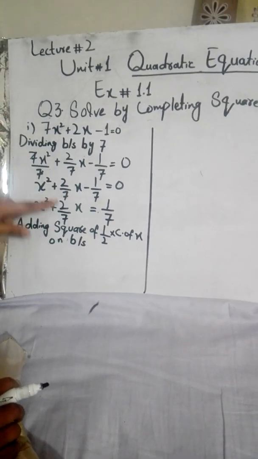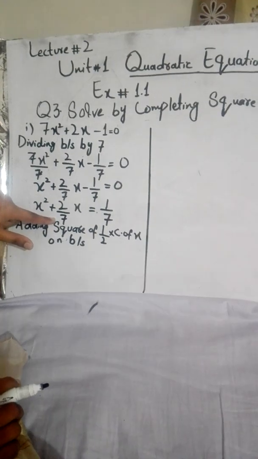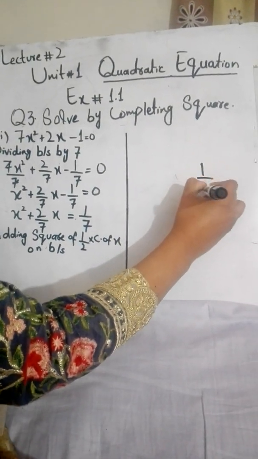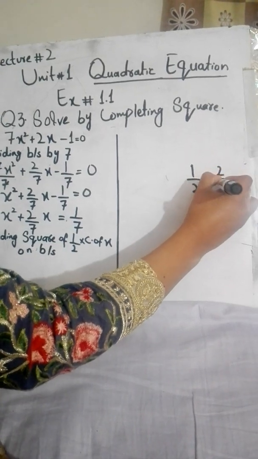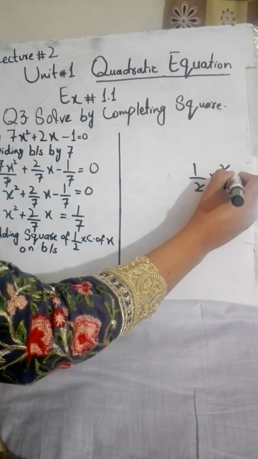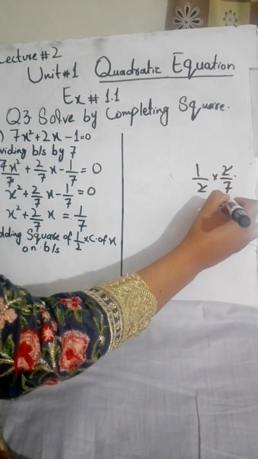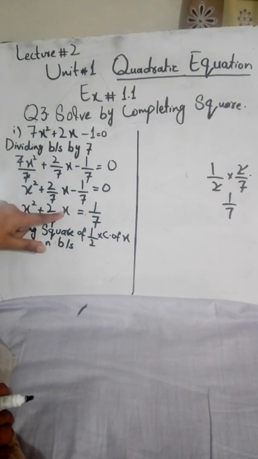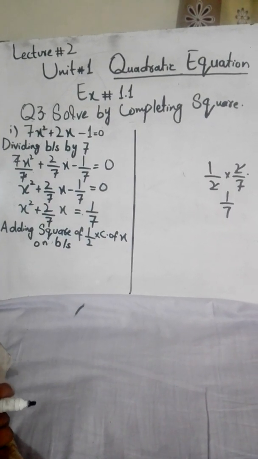The coefficient of x is 2 by 7, so we multiply it by 1 by 2 multiply 2 by 7. It will become 1 by 7. So we add the square of 1 by 7 on both sides of the equation.